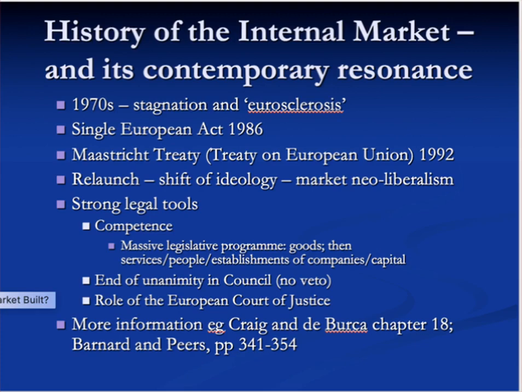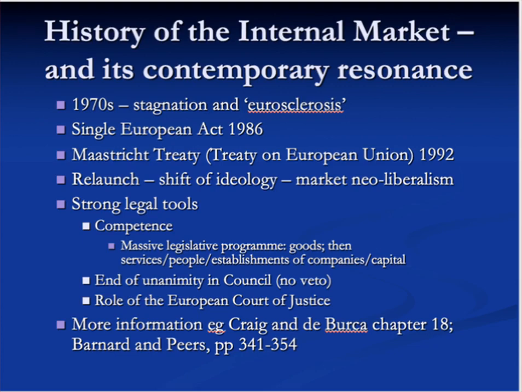Decision-making couldn't go ahead because Council had to decide unanimously, and France in particular blocked a lot of legislative reform. After that time, and we had the empty chair policy as well, European integration gained a new momentum with something called the Single European Act, which is a treaty amendment, and the Maastricht Treaty in particular in 1992.